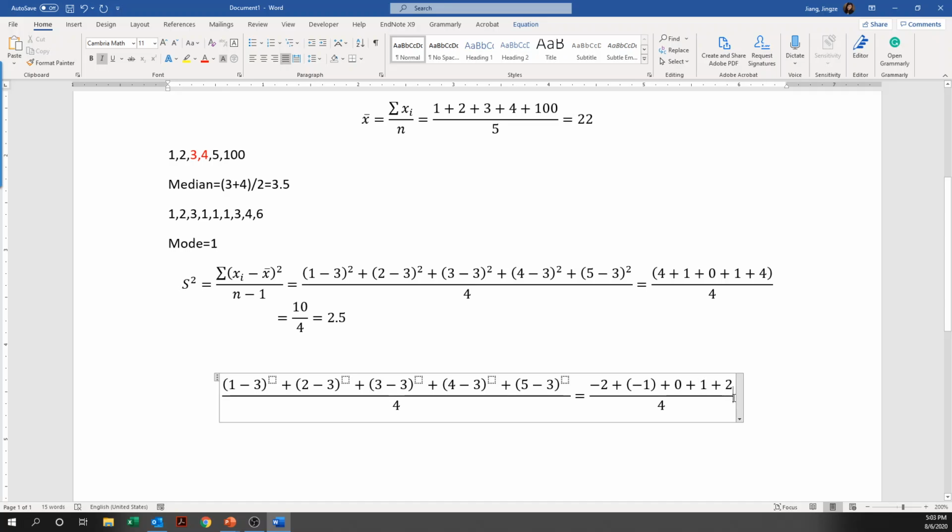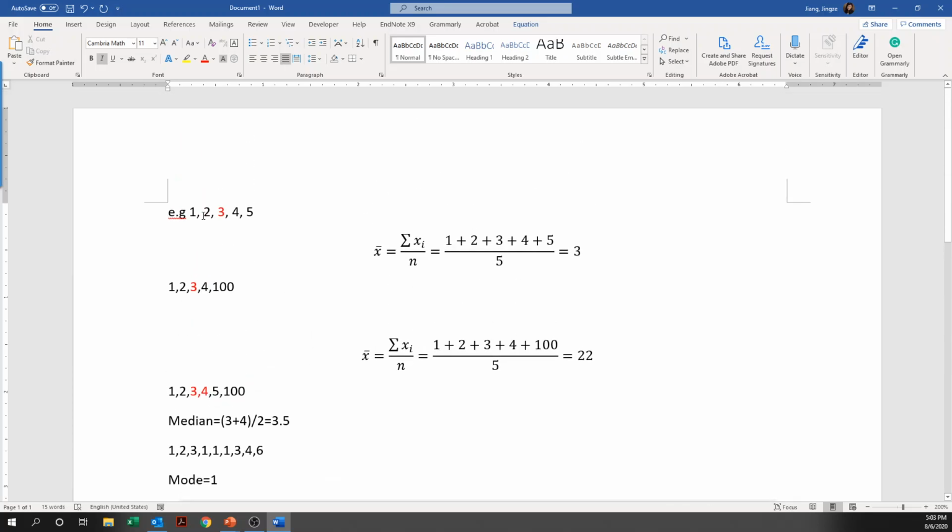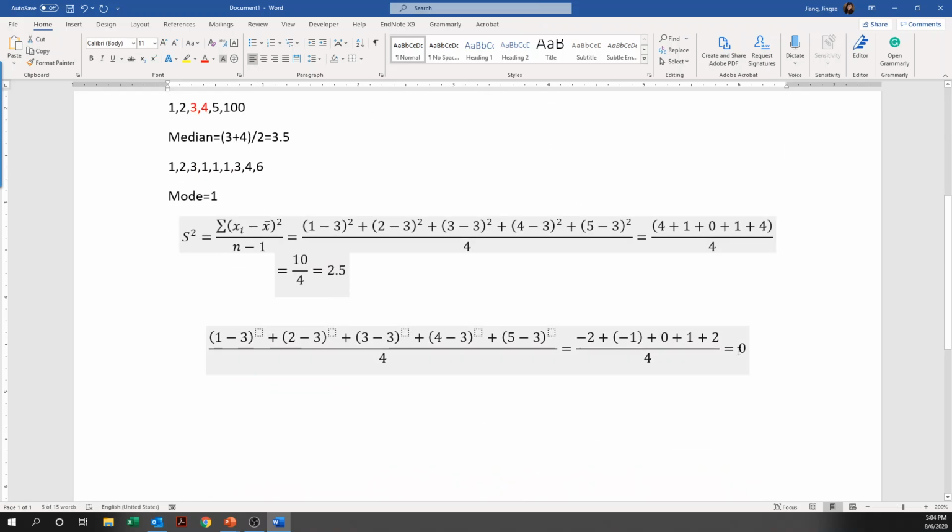So your actual numerator becomes 0, and 0 divided by 4 equals 0. This means if you don't square it, your variability equals 0, which basically means your data has no variability. If you go back and look at your original data, we do have variability. So obviously this answer is wrong.